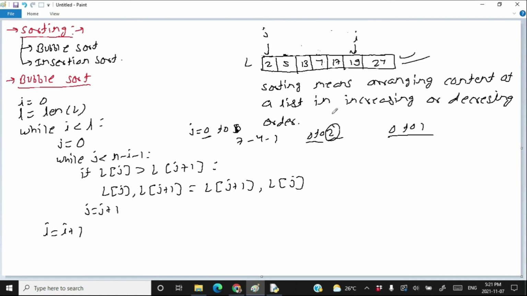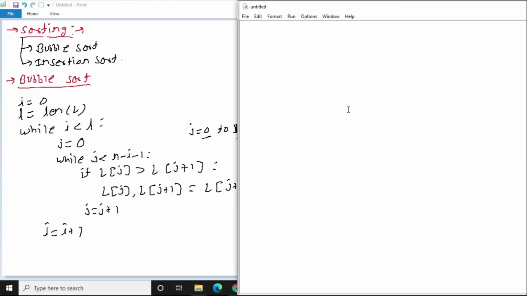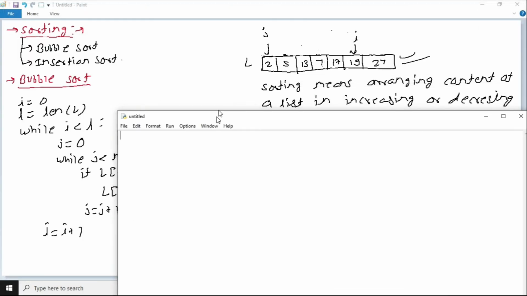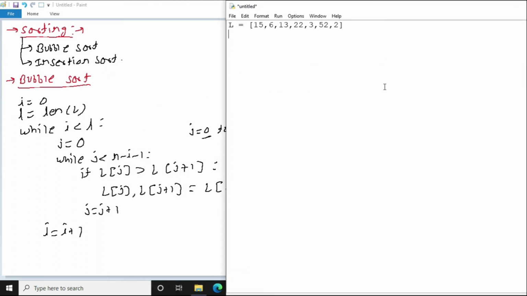So let's write this code and sort a list by using bubble sort. File, new file. Let's write my code here. List L is equal to, I am using the same list. This is my list. Now let's create a variable i equal to 0 for the outer loop.